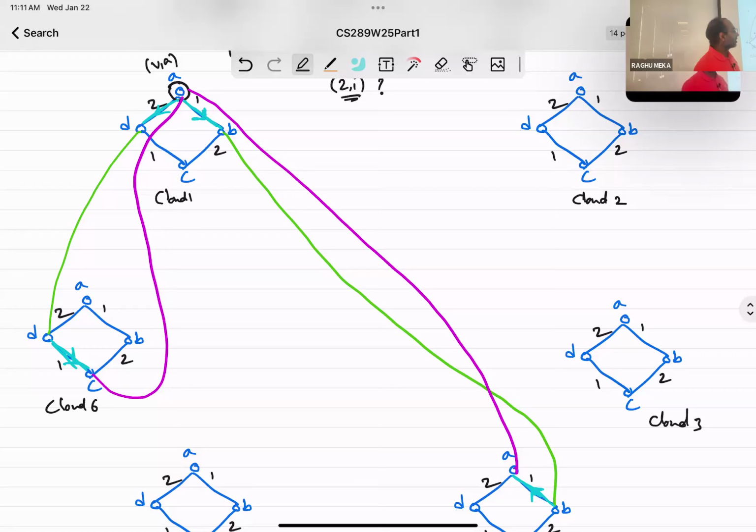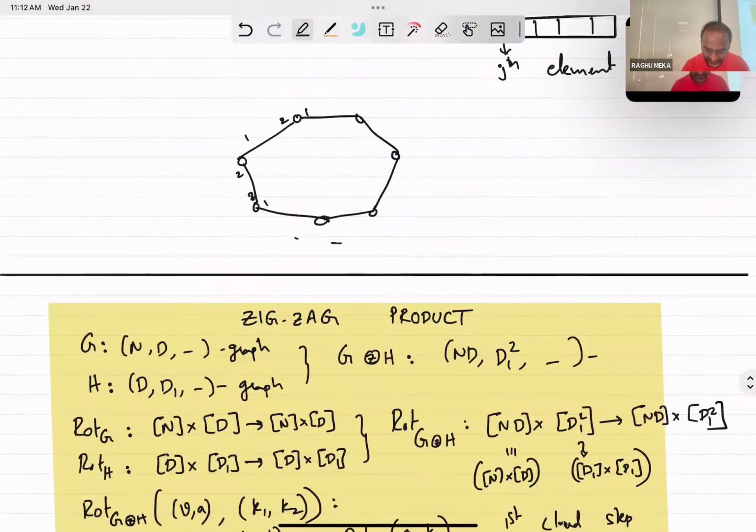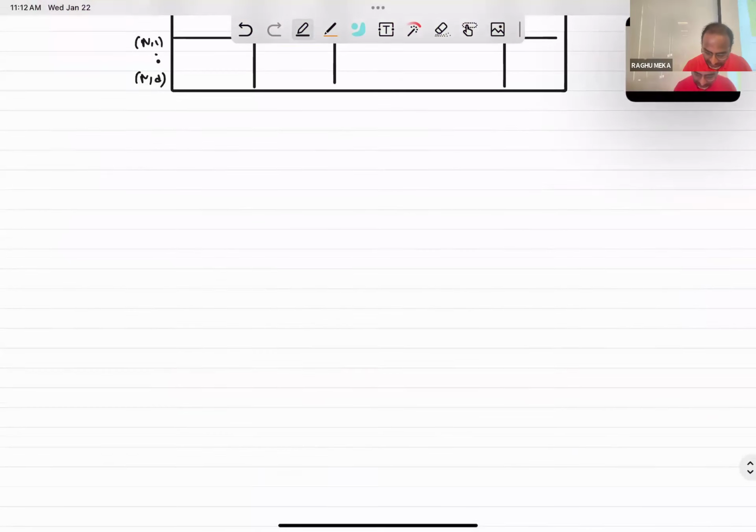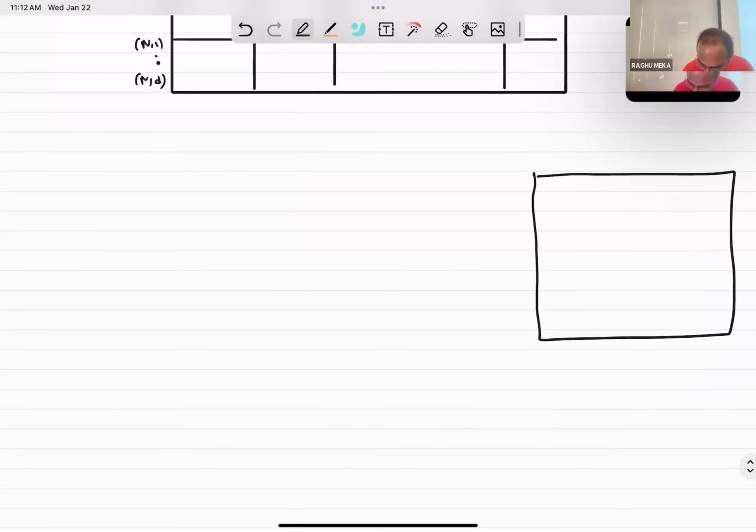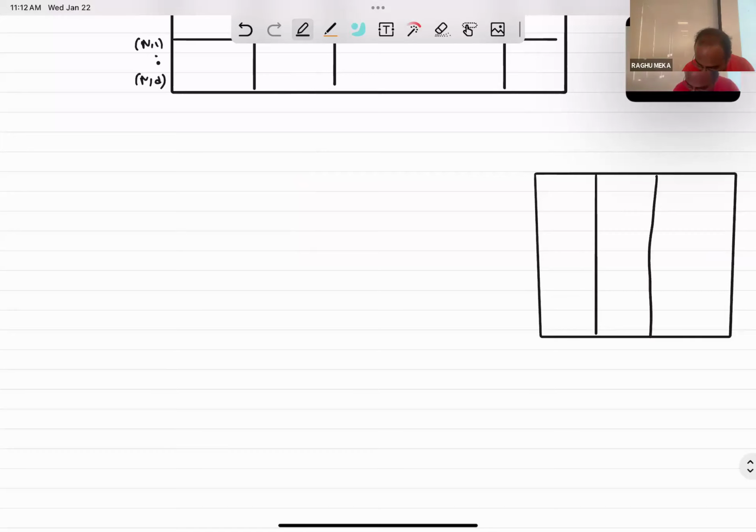Exactly, right? Because if I'm not doing any of the across cloud steps, I just have isolated copies of H everywhere. So what would I have in that case? If I only did that, maybe I shouldn't draw it this way because that gives the wrong impression.